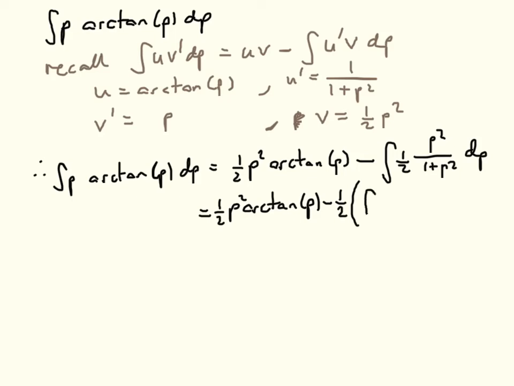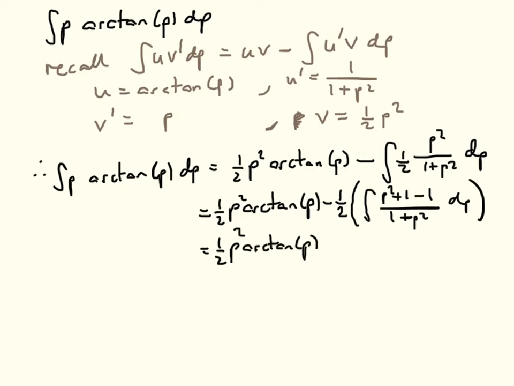We have the integral of p squared plus 1 minus 1 over 1 plus p squared, integrated with respect to p. And this is 1/2 p squared arctan of p minus 1/2 brackets. Now, p squared plus 1 over 1 plus p squared is 1.